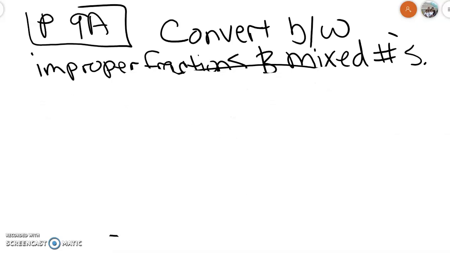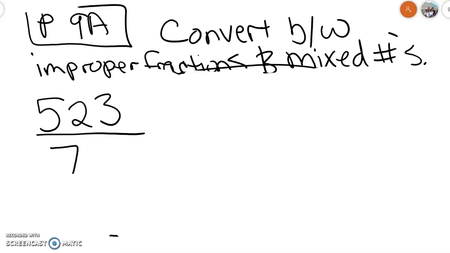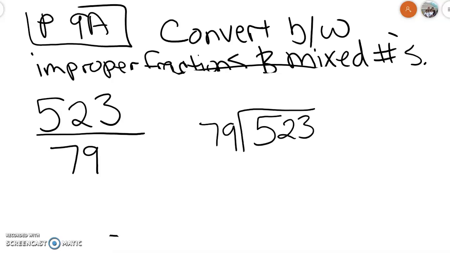As you get higher up in your levels for IXL, the numbers get more challenging. So my next problem that they gave me was 523/79. Again, the best strategy here is to divide. You're definitely not going to want to do anything 523 times. You can use your calculator for this.